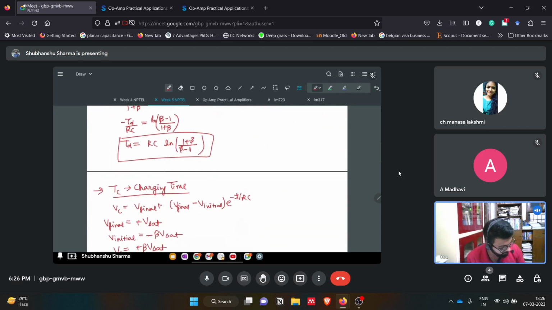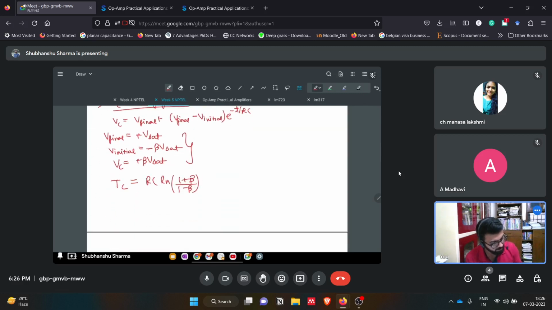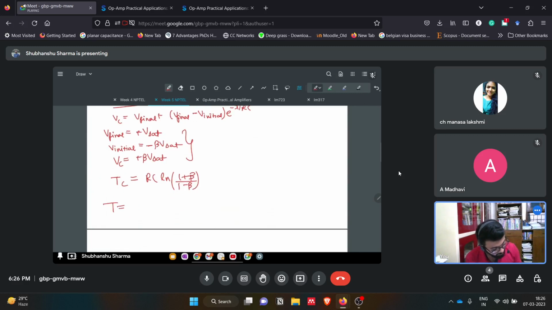So finally we have again these three values, and we can get TC same as TD equals RC ln (1 + beta) upon (1 - beta). So if we add both TC and TD, we will get T equals 2 RC ln (1 + beta) upon (1 - beta).